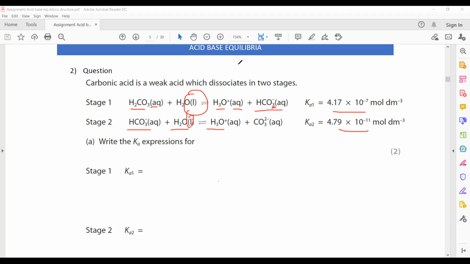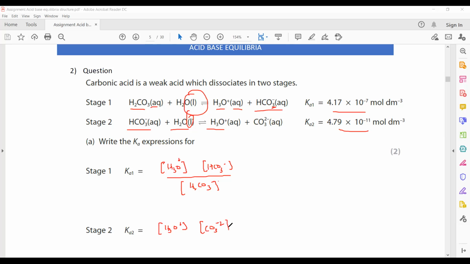And we do not include the liquid or the solid in the heterogeneous equilibria. So when you write this Ka, it will be products divided by reactants: the concentration of H3O+ times HCO3- divided by H2CO3.